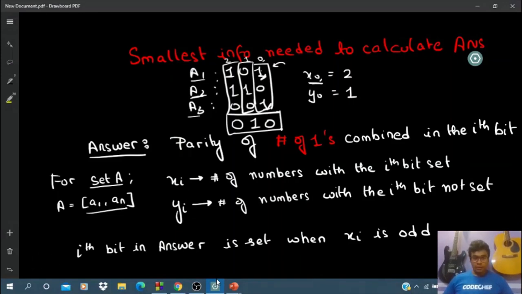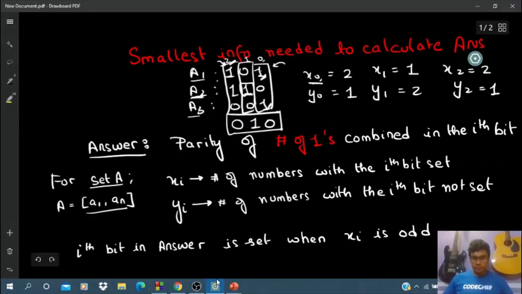Similarly, x1 is the number of numbers in which the first bit is set, and this value is 1 because only a2 has the first bit set and the rest are 0, and y1 is 2. Similarly for the second bit, two numbers have it set, so x2 is 2 and y2 is 1.